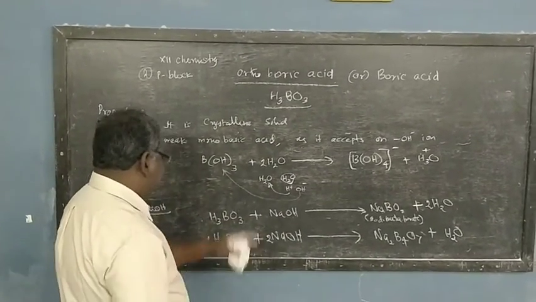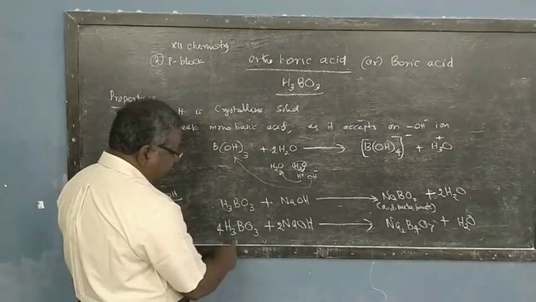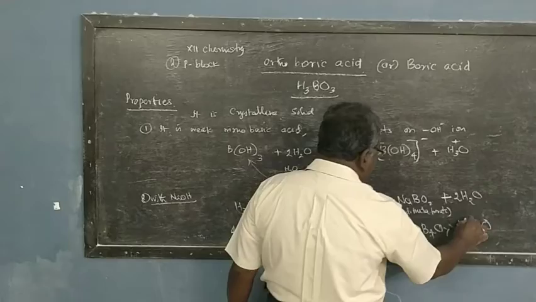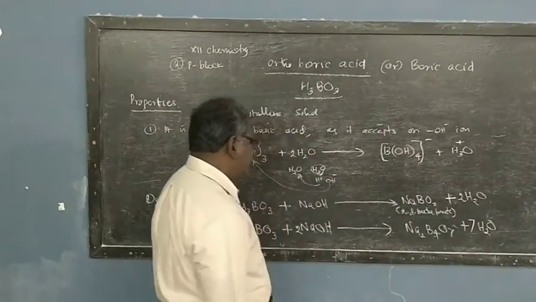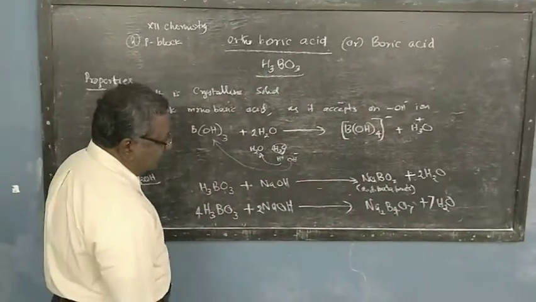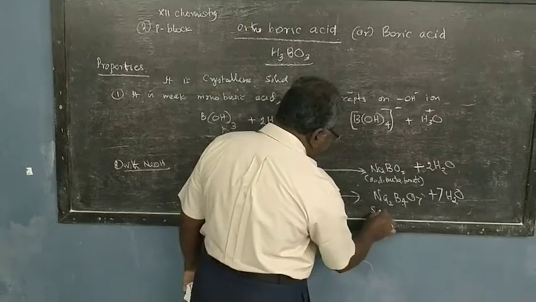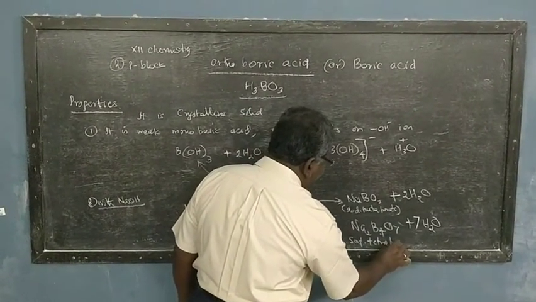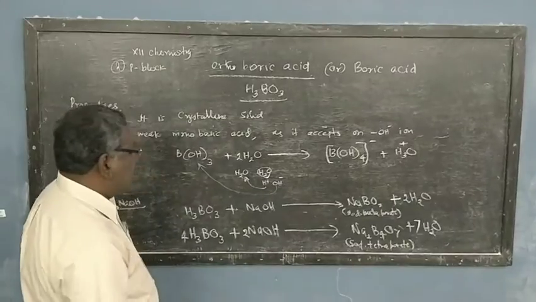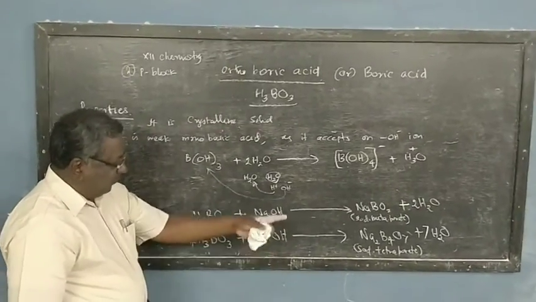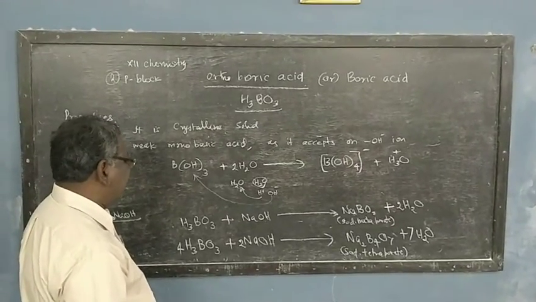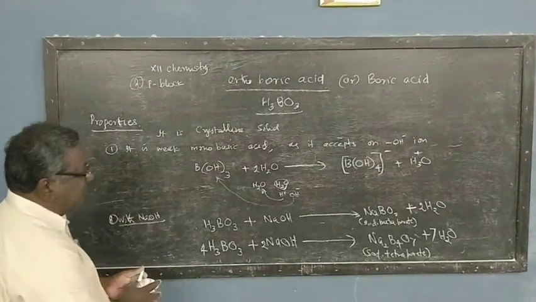And 2 sodium is already there. If you look at the hydrogen, 4 into 3, 12, 12 plus 2, 14. Therefore we will get how many water molecules? 7 water molecules, right? And this is sodium tetraborate. So 2 borate salts we are getting. Therefore with alkali it forms salt, therefore it is what in nature? Acidic in nature. This is the second chemical property.